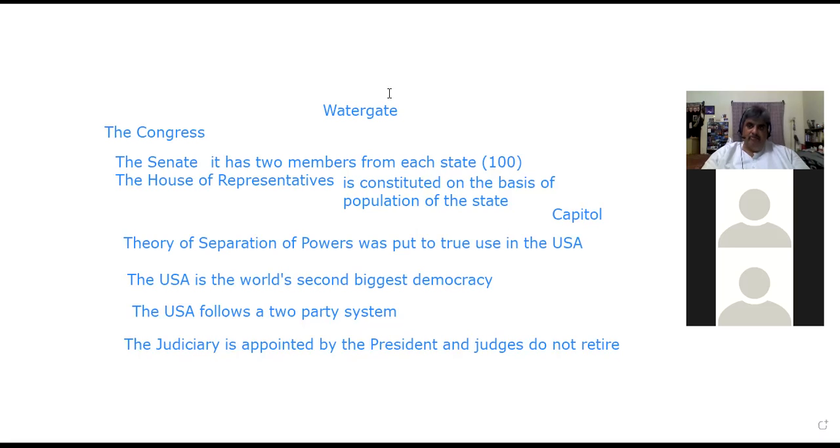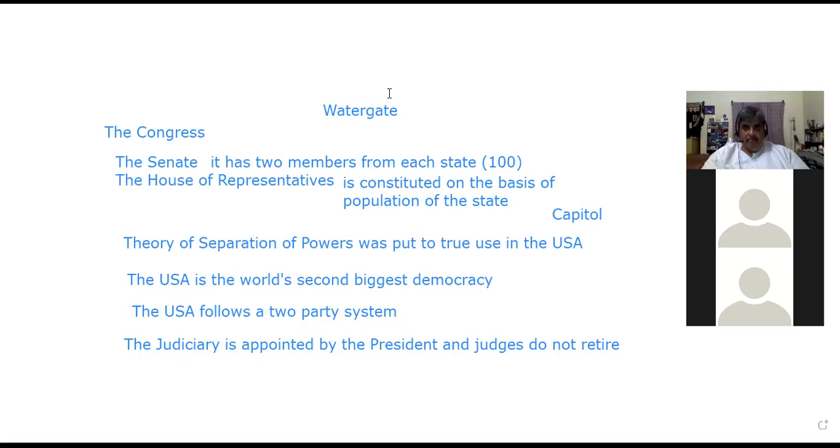He is somebody who is elected by an electoral college comprising of 538 members. And these 538 members of the electoral college are elected to the electoral college by what the Americans call the popular vote. So people of different states will go and vote for who will go to the electoral college.